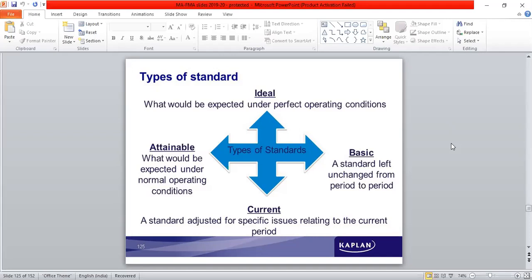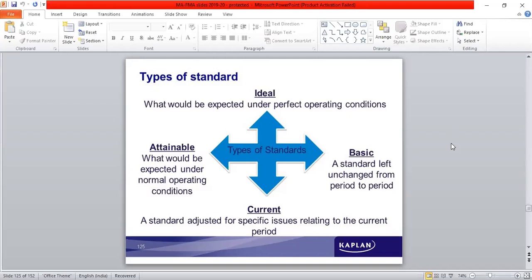Revenue: what should be the standard sales, the standard number of units, and the standard selling price. In case of cost, what would be the standard cost for the elements? Material: what should be the standard cost for material? Standard cost for labor. Standard cost for overheads. Those are the things which have to be taken into consideration.